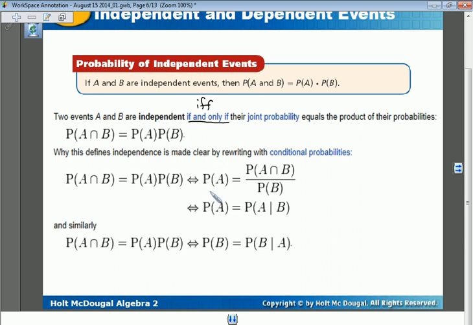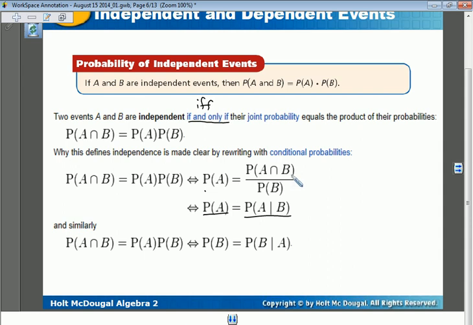Now, with independence, the probability of an event occurring is the same as the conditional probability. Okay?